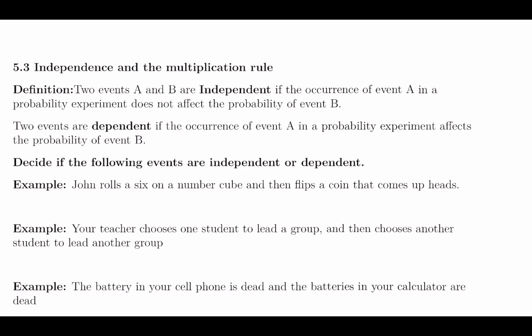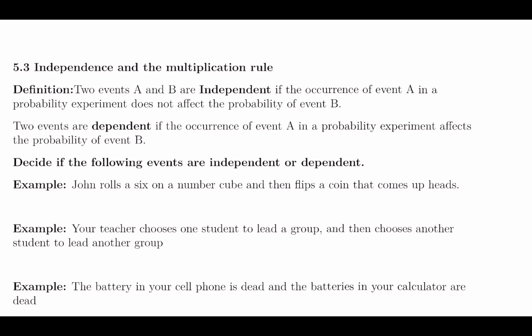In 5.3, that's going to change, because instead of randomly selecting one person or one object, we're going to be randomly selecting multiple people or multiple objects, like 2 people or 3 people. So get into the mindset that the last section was single selection, and for 5.3 we're going to be doing multiple selection.